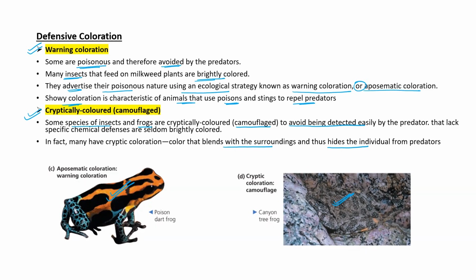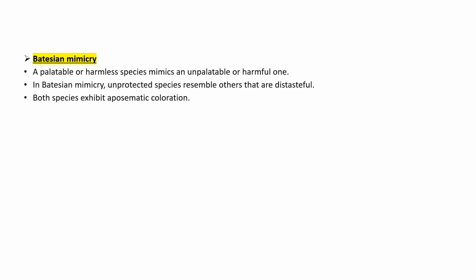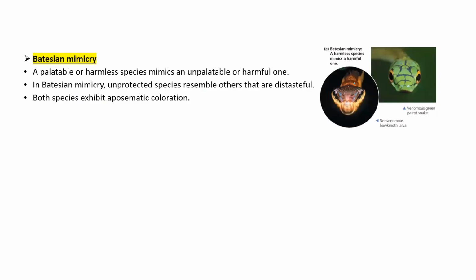Clear, beta? Now, based on this, see, two types of mimicry are there. One is Batesian mimicry, one is Mullerian mimicry. See here in Batesian mimicry, this is poisonous. Clear? This is a poisonous green snake.